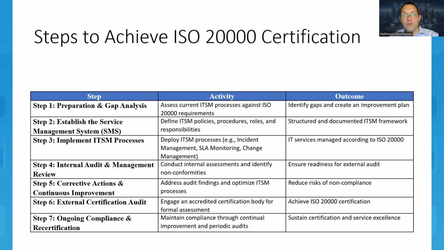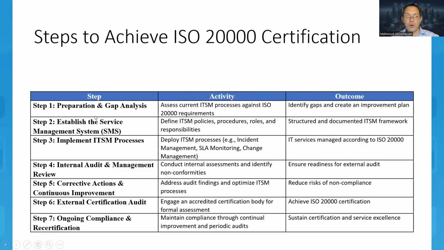In step 3, we will implement the IT service management processes such as incident, problem management, change management, SLA monitoring. So the deployment of IT service management will allow us to have IT services managed according to the ISO 20000 certification.